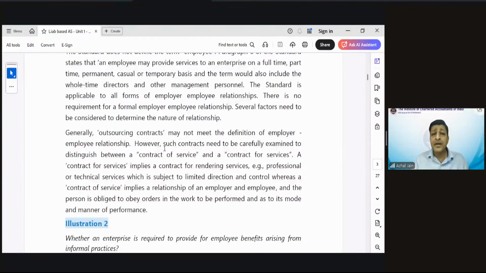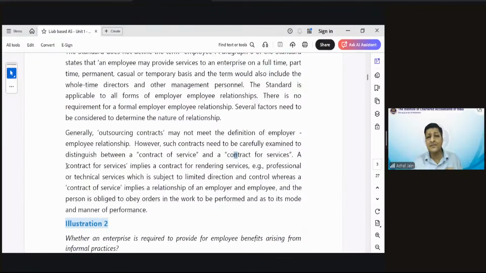Why? Because we need to distinguish whether it's a contract of service or a contract for services. For example, contract for services implies a contract for rendering services. For example, say a company has engaged a professional, a consultant. Now, in such a case, is that professional or consultant rendering services to the company?